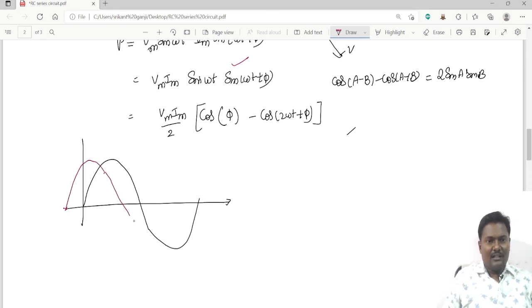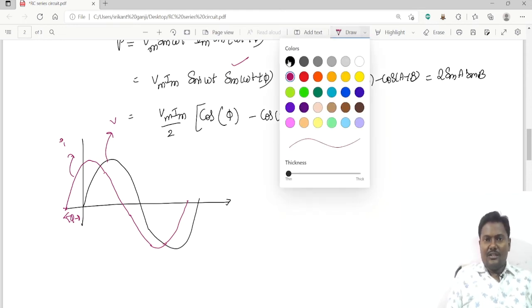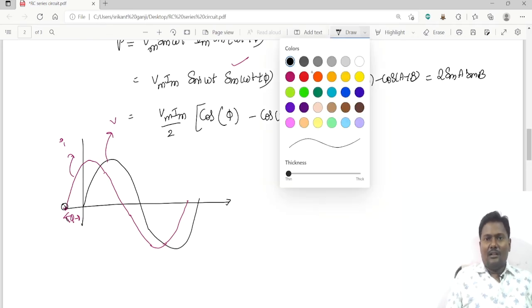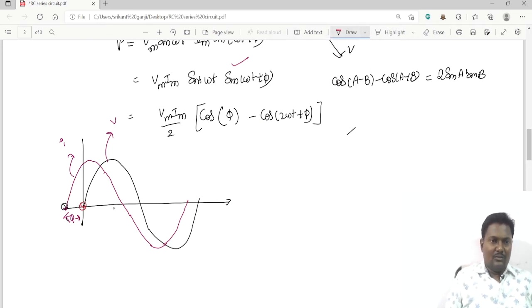This is the current waveform, and the angle between these two is phi. This one is voltage and this is the current waveform. So first mark the zero positions: 1, 2, 3, 4, 5, 6.